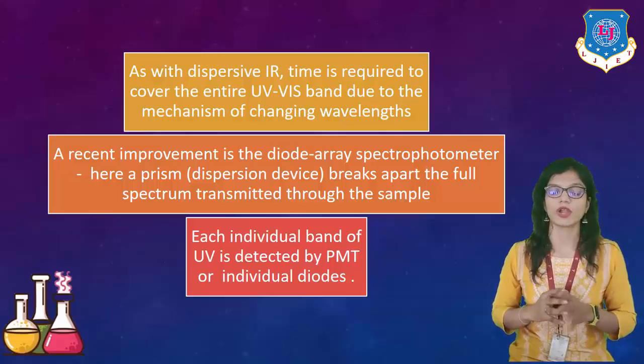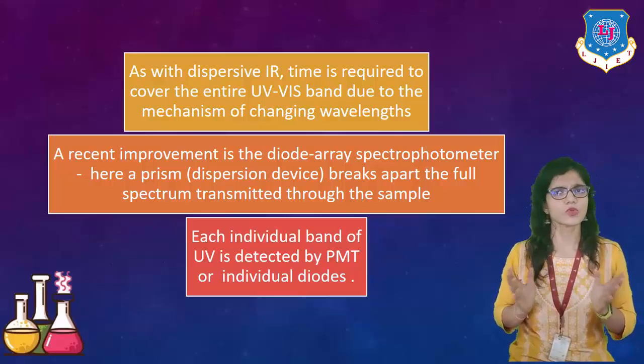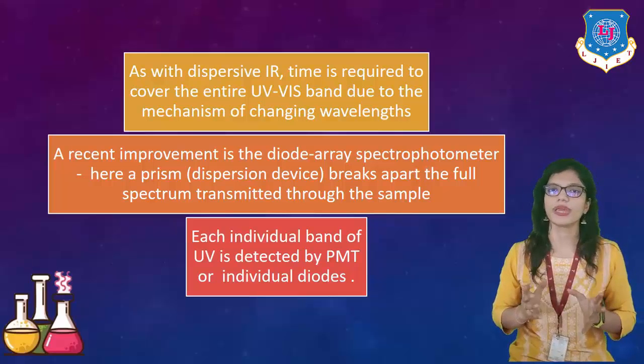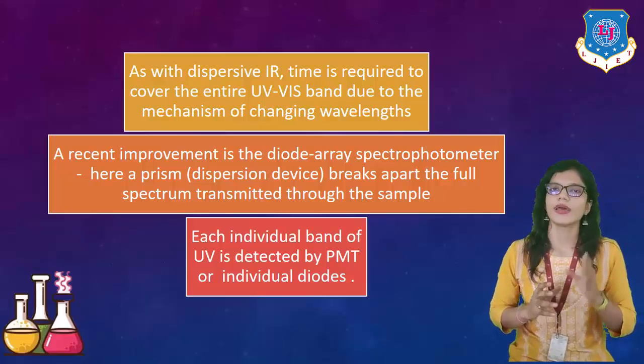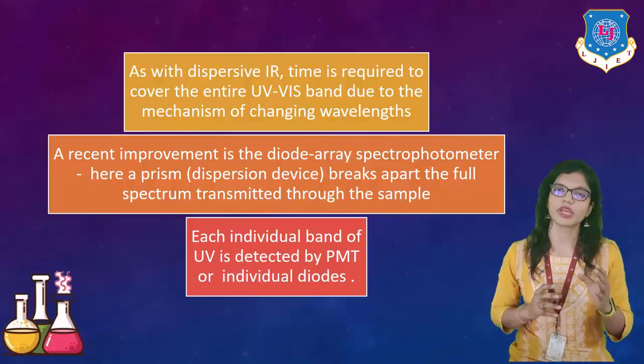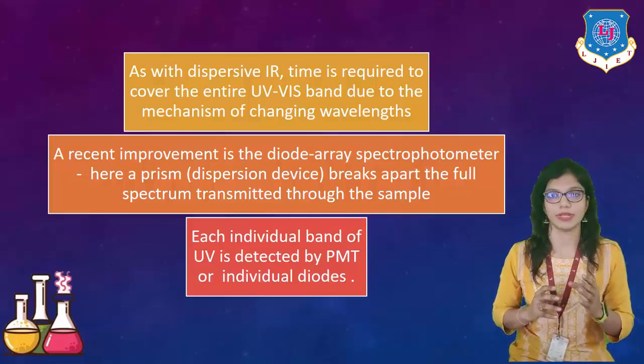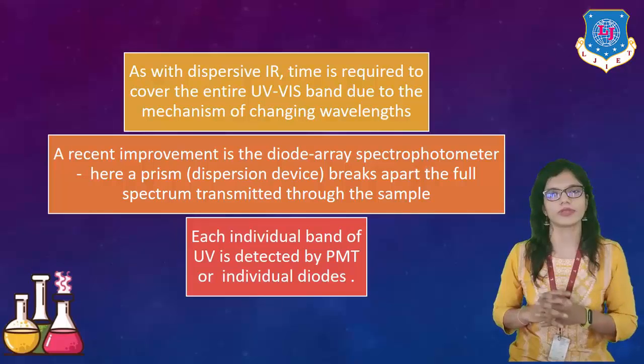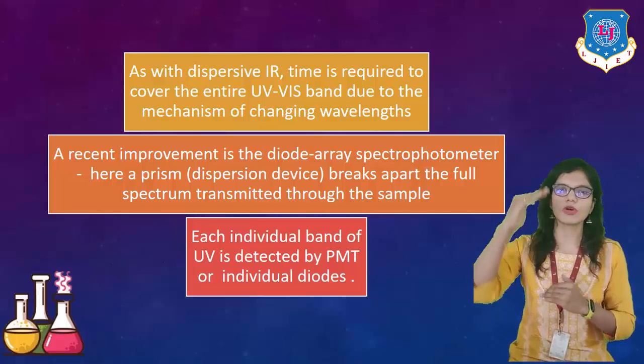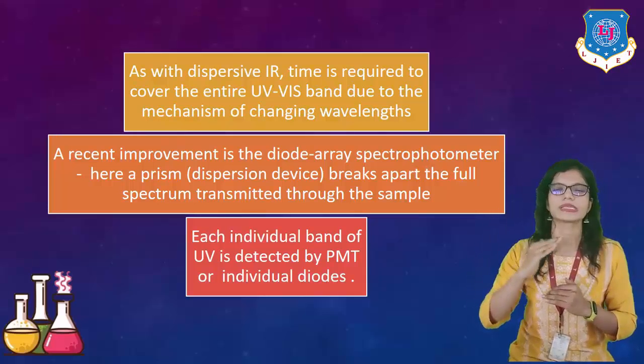Each individual band of UV is detected using a PMT or using individual diodes. What do you mean by PMT? PMT stands for photo multiplier tube, which is a very specific detector for UV visible. What is the meaning of photo multiplier tube? We have a series of anodes present there.